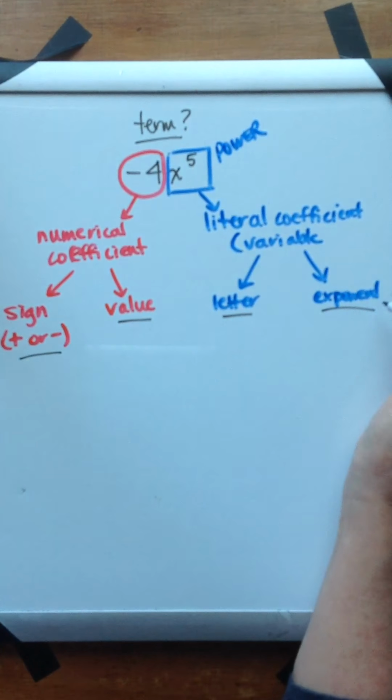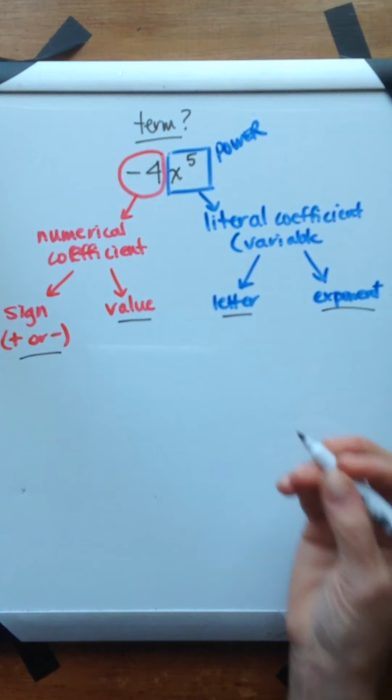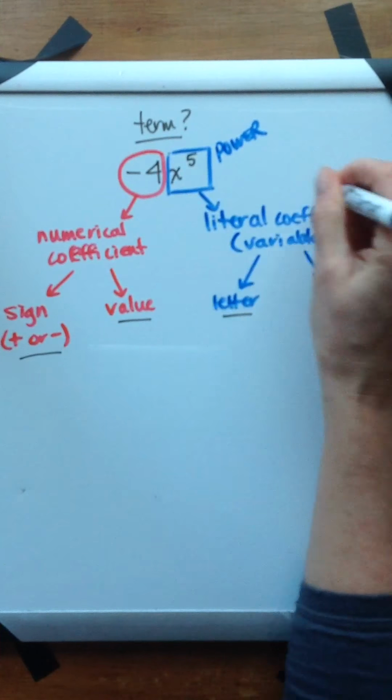Sign, value, letter, exponent. And when we look at operations involving terms, we also have to be mindful of all 4 of these parts and how they interact with each other. So we can say that terms are alike if they have the same literal coefficient.